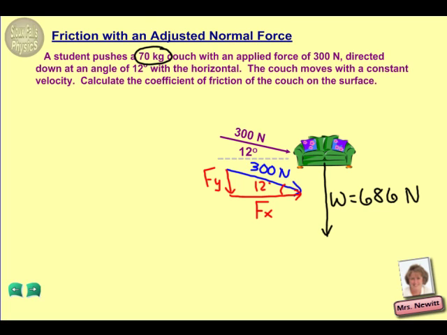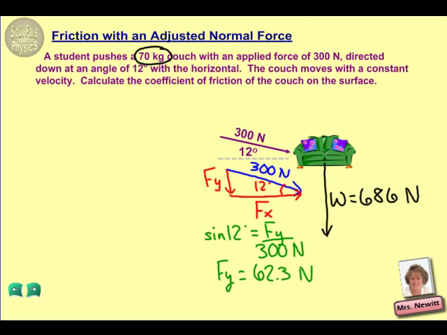Doesn't really matter which order we do these in. We'll start with the y component, which is opposite. So the sine of 12 degrees would be opposite over hypotenuse, and that then would be the opposite side, F sub y, over the hypotenuse of 300 newtons, and that gives us a vertical component of 62.3 newtons.